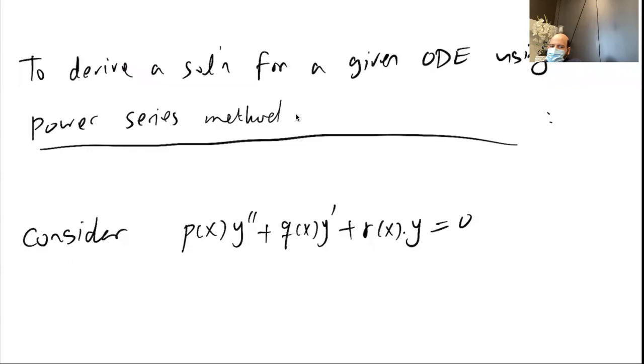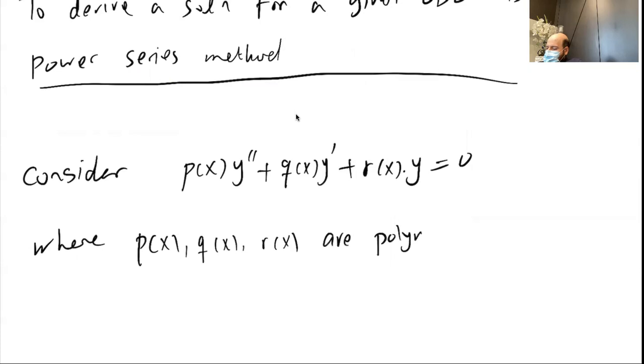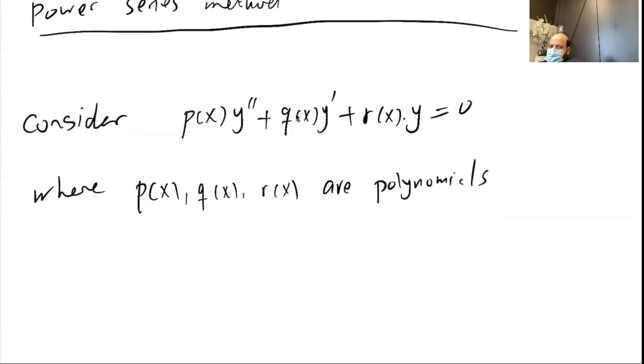So it's a second order linear ODE. And here P of x, Q of x, and R of x are polynomials. And we want to find a solution for y.